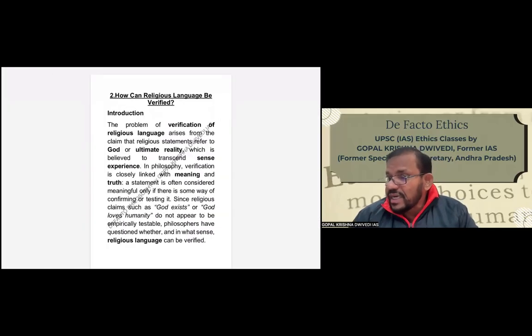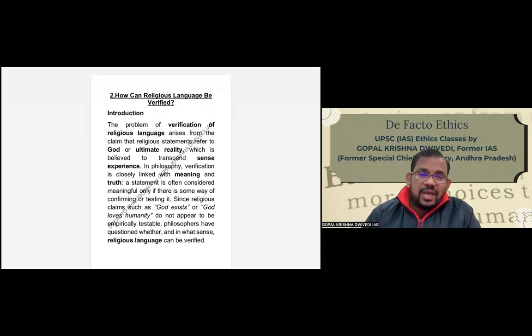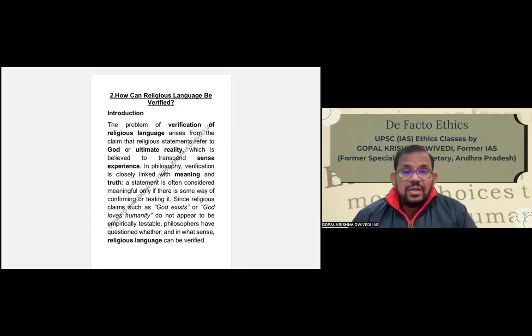Now let us go to the second subtopic: how can religious language be verified? As you know, the verification debate was started very strongly by logical positivism. So that affects this subtopic also, because as we have seen in the previous topic, logical positivism clearly says that for them religious language is cognitively meaningless, because it describes something which cannot be verified.